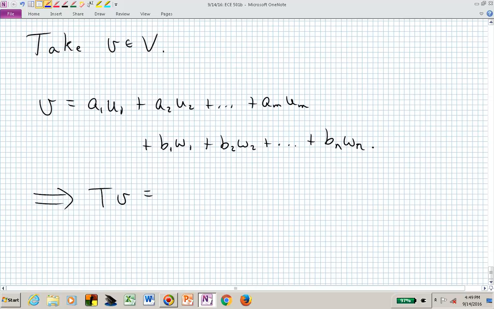Any of these u's were vectors that formed a basis of our null space. T operating on any linear combination of those will be 0. Meaning we can forget those and not have to write so much down, and we now have b1 T w1 plus b sub 2 T w sub 2 plus b sub n T w sub n.